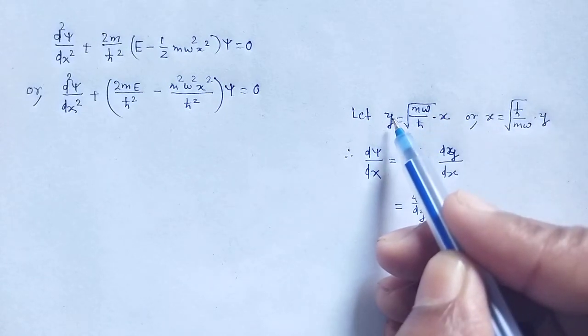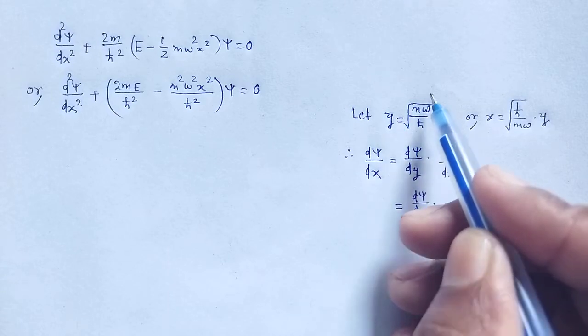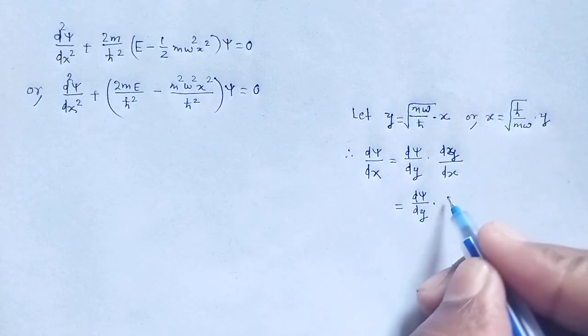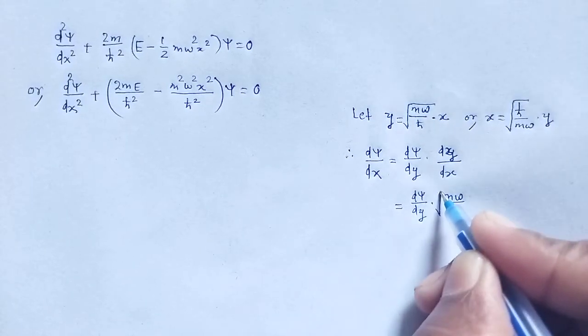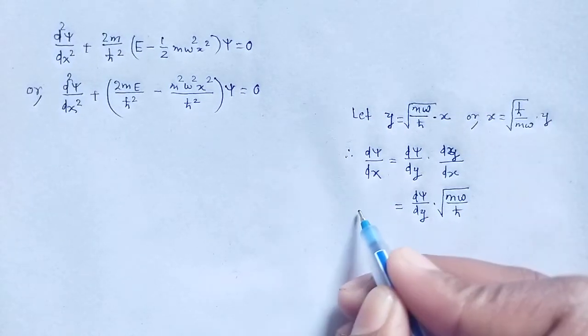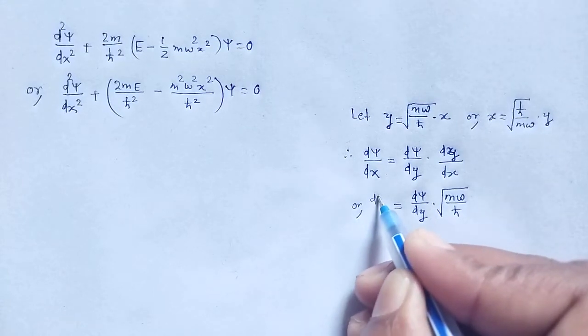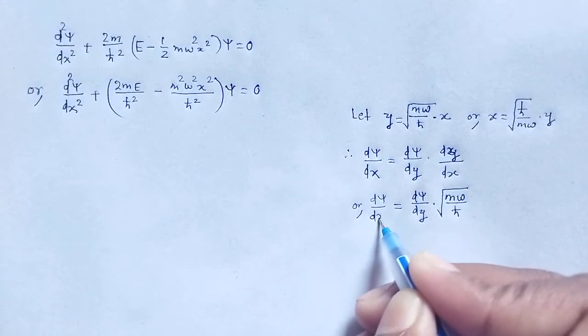We differentiate y with respect to x, and we have only that constant term, so dy by dx is the square root of m omega by h cross. This is for d psi by dx.